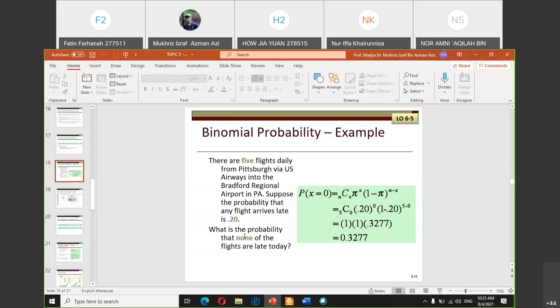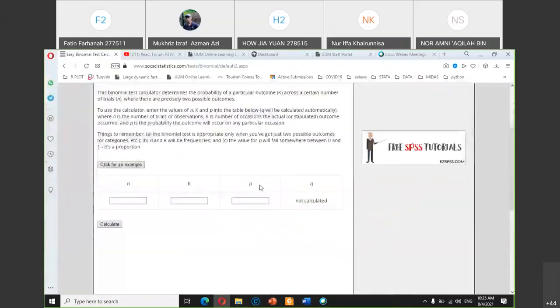In this example, K will be 0, meaning K is X. You want to calculate 0 flights arriving late, so K will be 0, and P is the probability of success, pi. So if you plug in the same values as just now, 5, then K will be 0, P(X = 0), and the flight arriving late will be 0.2.